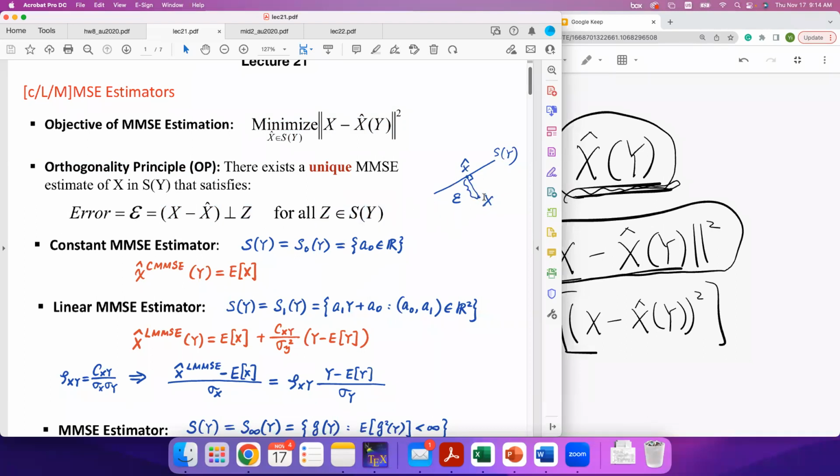This is kind of projecting the random variable x onto this set, so that the projection point is perpendicular to all the other points.